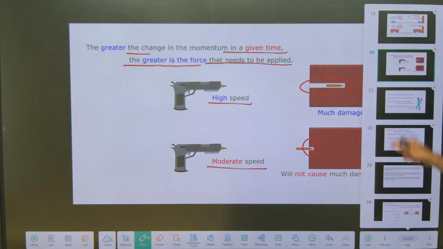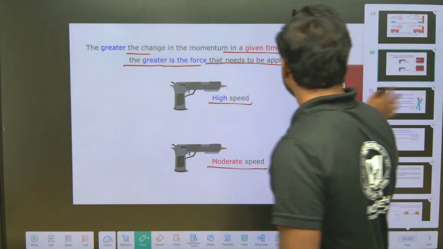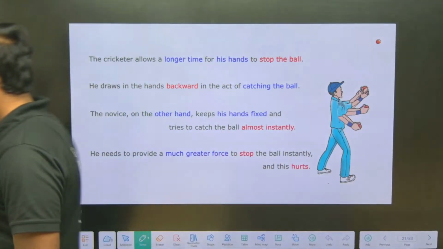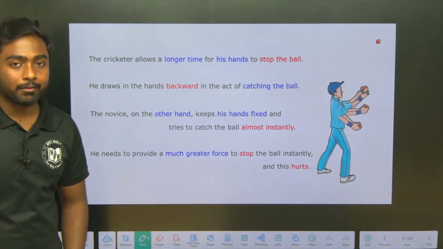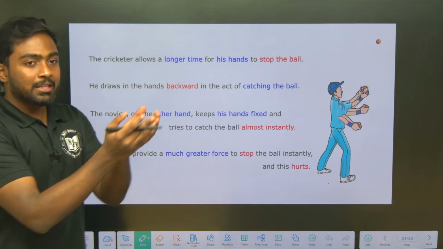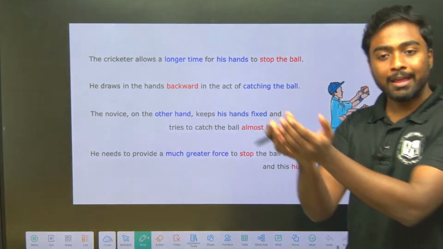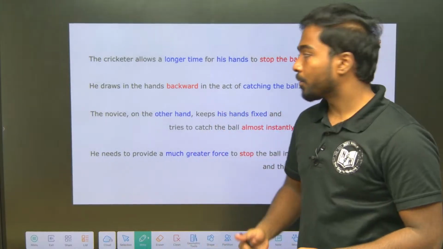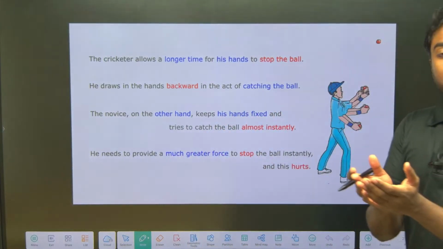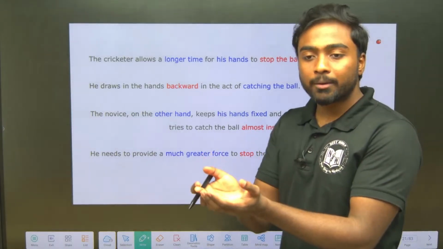Now, one more example which you will see in cricket. When catching the ball, the fielder draws his hands backward. Why? He doesn't want to get injured by the ball.